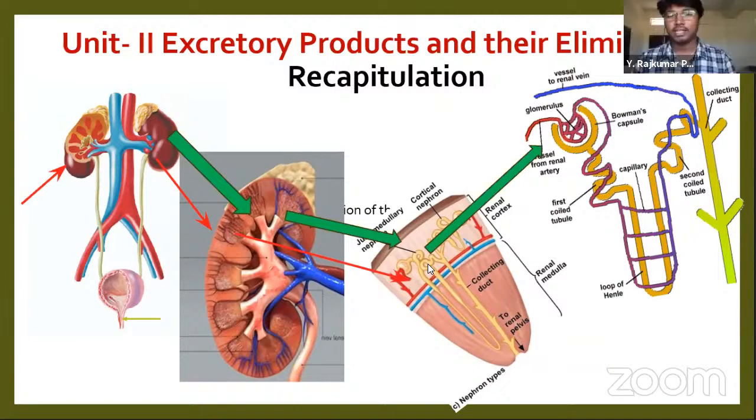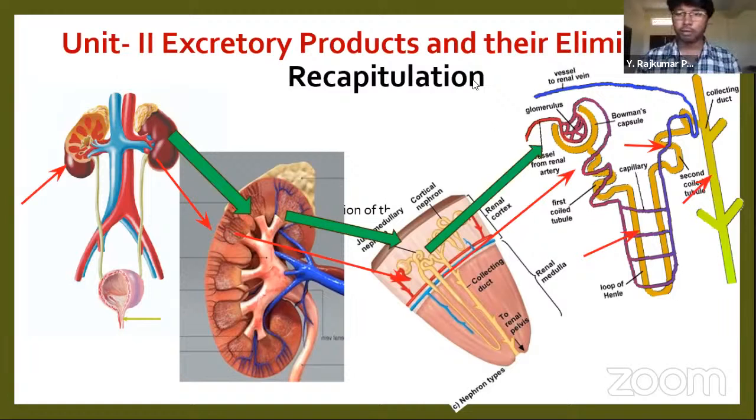The Malpighian corpuscle contains the glomerular filtration body, which is the glomerulus, and the U-shaped structure called Bowman's capsule, and PCT, which is the proximal convoluted tubule, and Henle's loop, the long tubular structure you are able to find here. There is a DCT, which is the distal convoluted tubule, and finally the collecting duct. These are the important parts of the nephron.